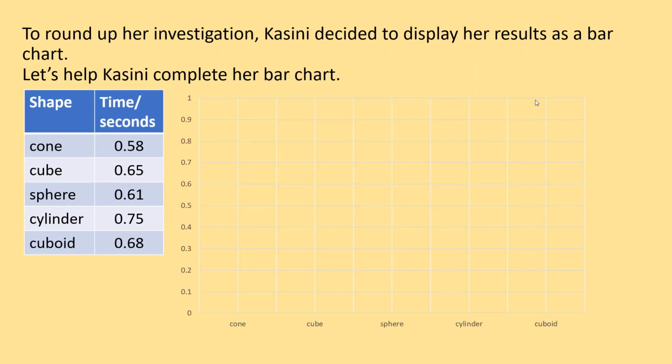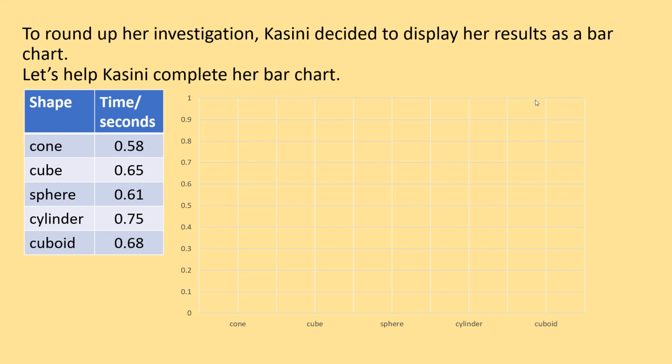To round up her investigation, Cassini decided to display her result as a bar chart. Let's help Cassini complete her bar chart. I need you to stop this video, or I will post the picture. I want you to draw a bar graph, and you know how to draw a bar graph.